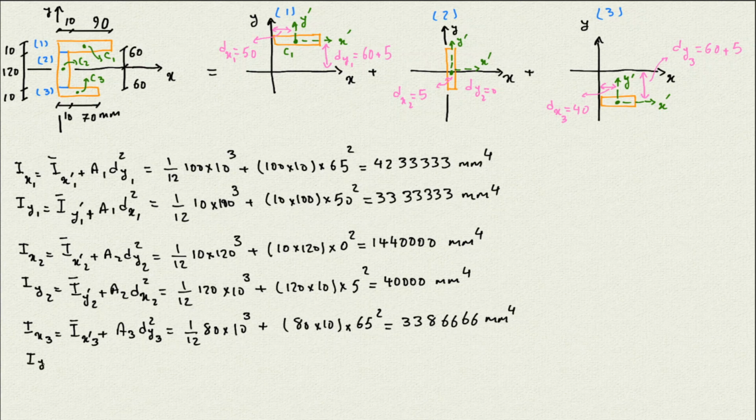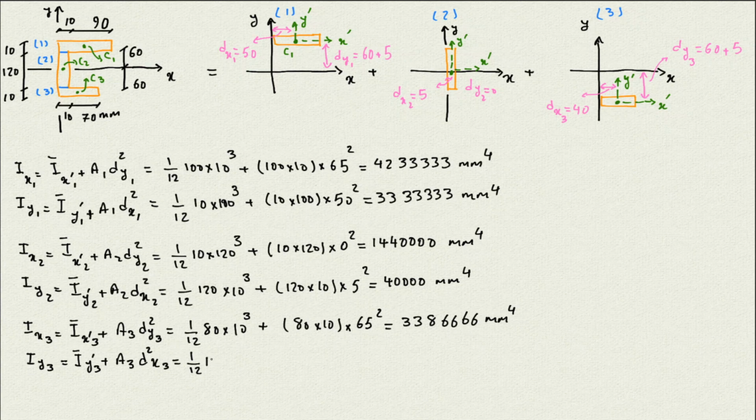And then the same for the third one about the y-axis. It's the moment of inertia about its y-axis plus its area times the distance between the axes squared. This time again we look at it from the other way, so the width is going to be 10 and the height is going to be 80.